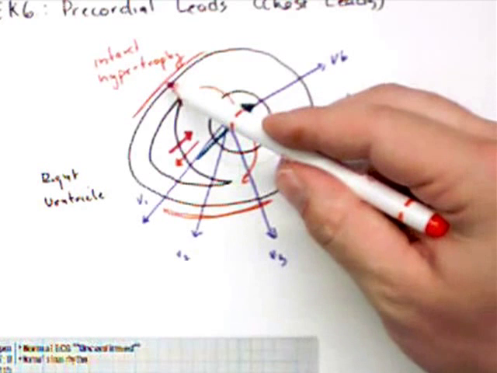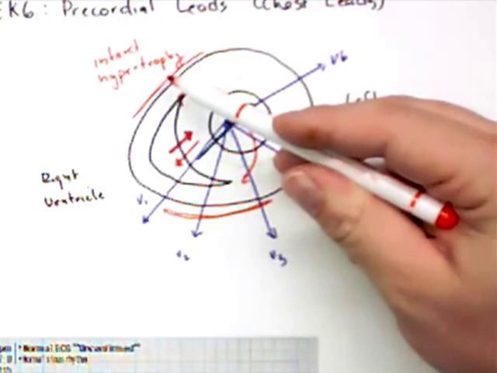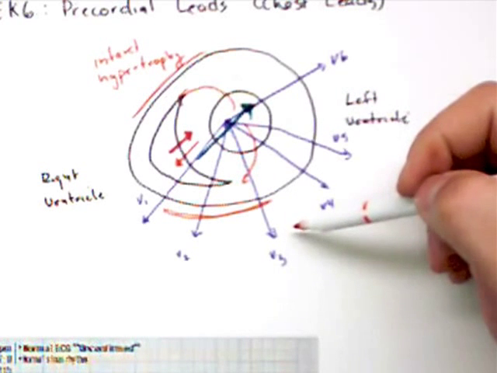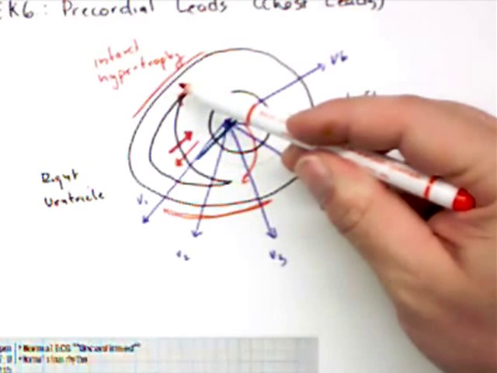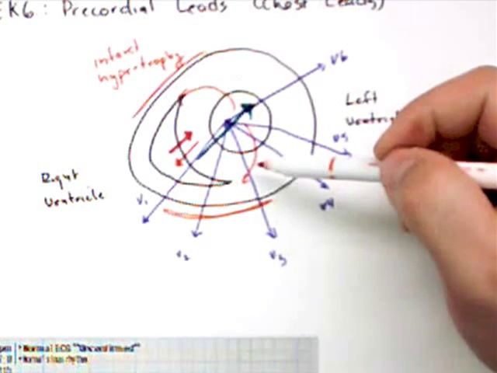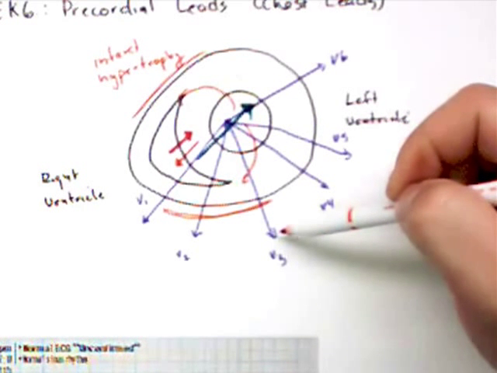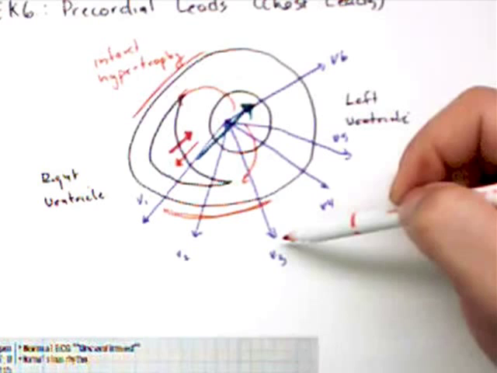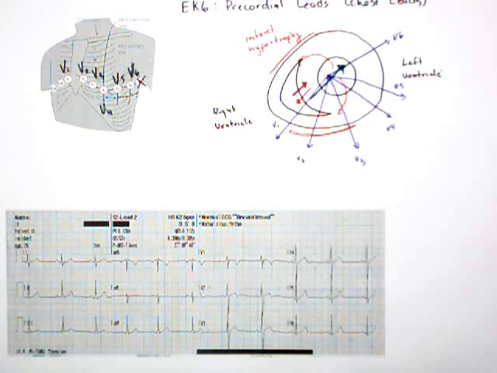But if this switches in this direction, it means there's a hypertrophy here, or it means there's an infarct on this side. And if it shifted in this direction, then we would expect a large negative in V3. So we'd expect the size of V3 to change. We'd expect it to go negative.